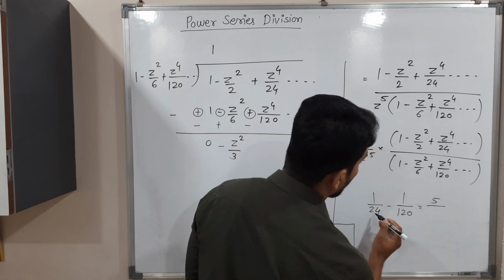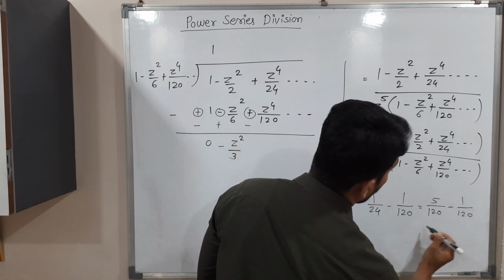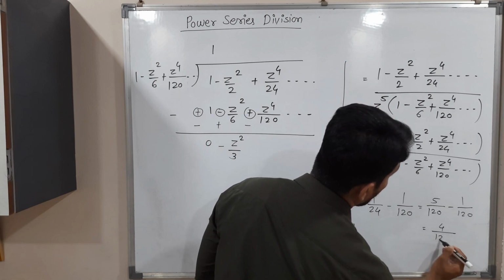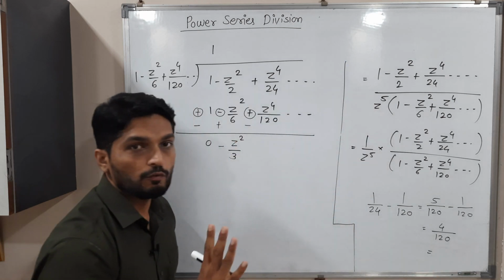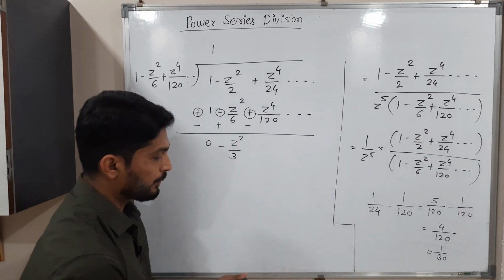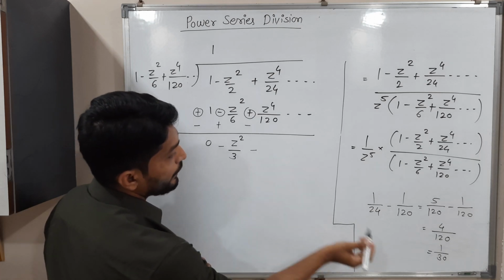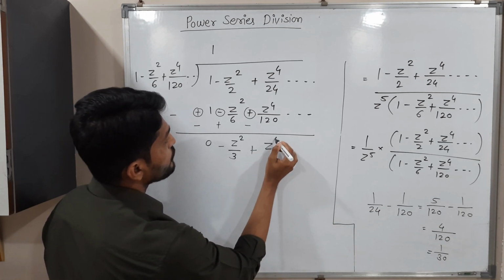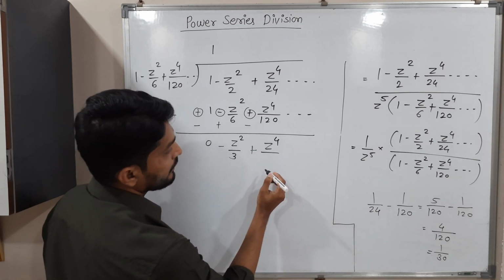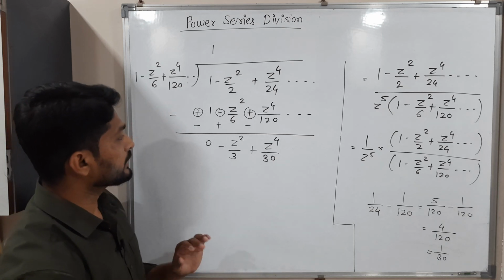So 5 upon 5 into 24 is 120, minus 1 by 120. 5 minus 1, 4 by 120. Both are divisible by 4, so 1 by 30. This is the required one. So let me write plus z raised to 4 by 30. Yes, we got it, right? So the first task is done.